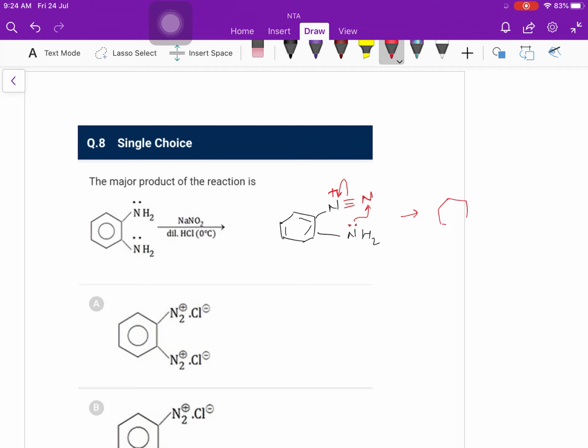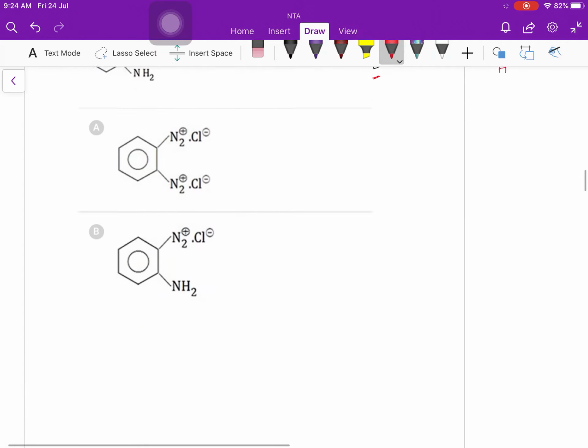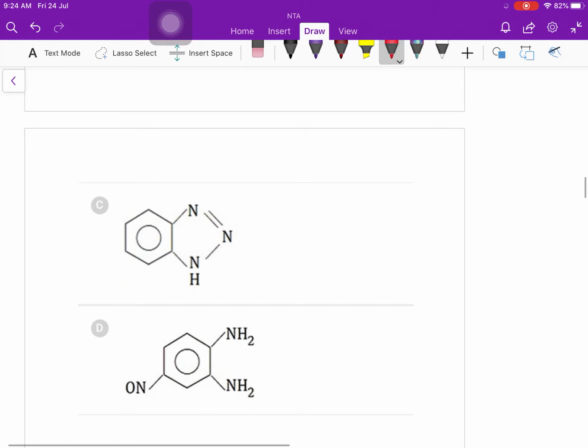So it gets converted into nitrogen double bond nitrogen and NH2. Let's remove this hydrogen also, deprotonation. So this is left with this. So the correct answer should be this, C.